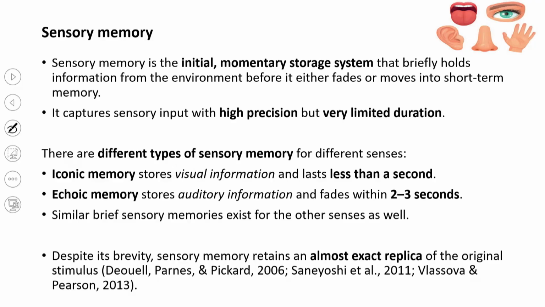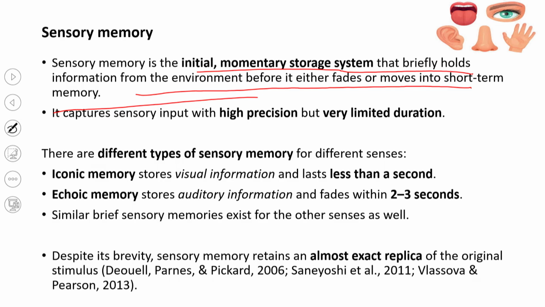Sensory memory is the initial momentary storage system that briefly holds information from the environment before it either fades or moves into short term memory. In the sensory memory, as I said, it is just the initial capturing of information and storing it for a very brief moment.